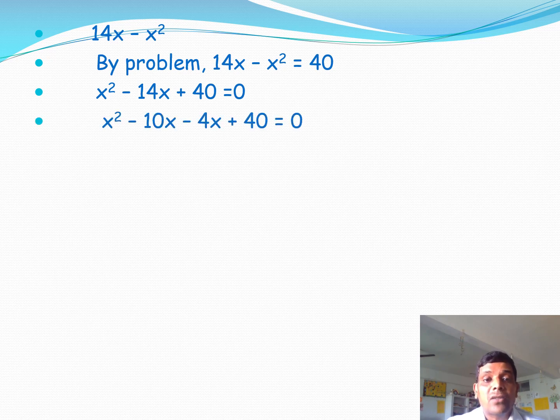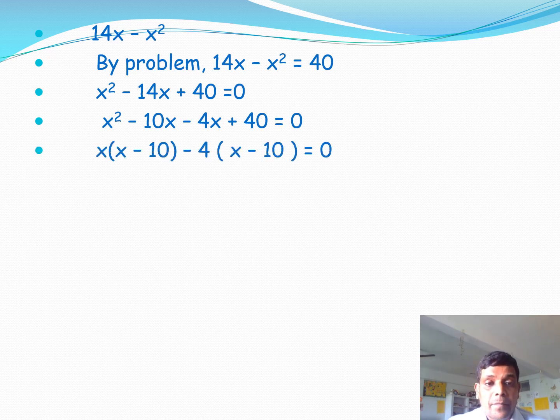So find factors of x square minus 14x plus 40 is equal to 0. What is the middle term? Minus 14x. Minus 14 is written as minus 10 minus 4. So x square minus 14x plus 40 is equal to 0 is written as x square minus 10x minus 4x plus 40 is equal to 0.